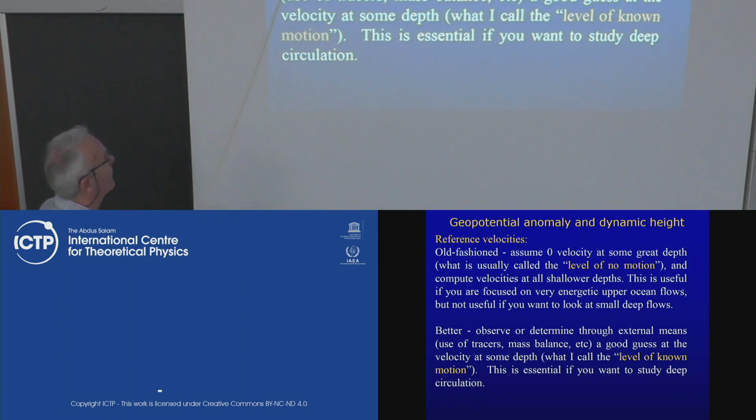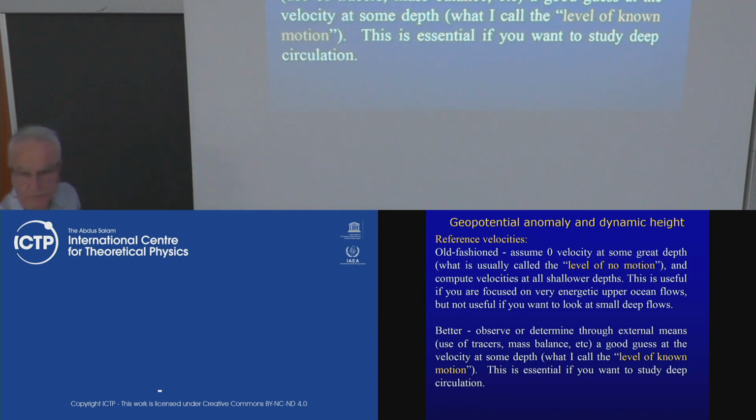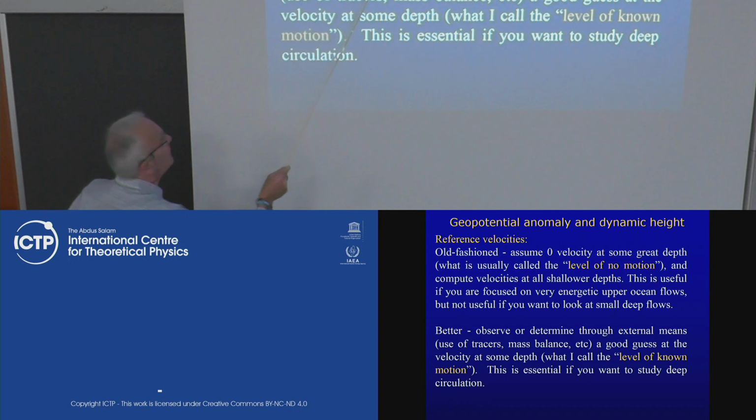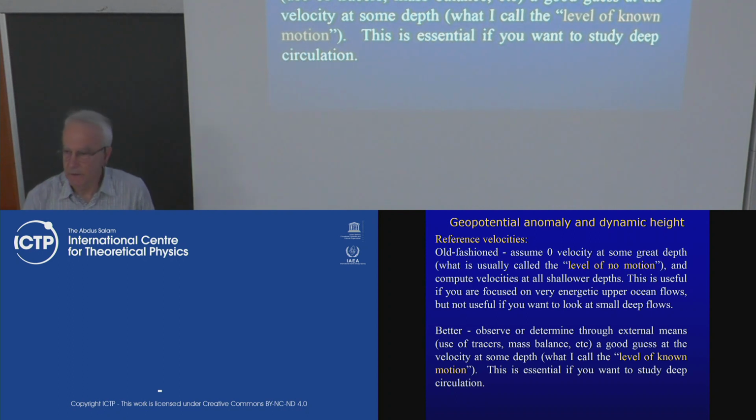Sorry, now we are at the problem of the reference velocity. We have to determine the reference velocity, or we assume where the velocity is zero, as it used to be called, the level of no motion. Level of no motion is simply assuming that at a certain depth the water doesn't move, so the velocity is zero.